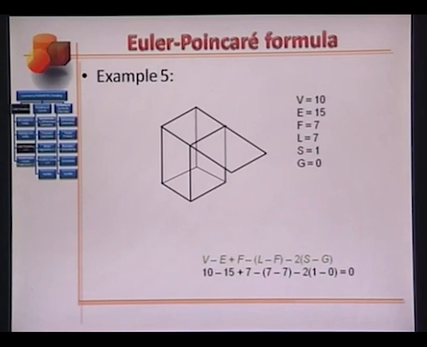This refers to the converse, that even if Euler-Poincare formula is satisfied, the polyhedral solid need not be a valid solid. In this case, we see one face is dangling.